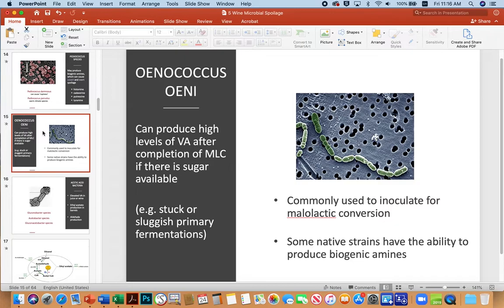Oenococcus can also produce high levels of VA after a malolactic, particularly if you have a stuck or sluggish primary. And so again, if Saccharomyces is gobbling up all the sugar and leaving some residual, then Oenococcus can cause spoilage.